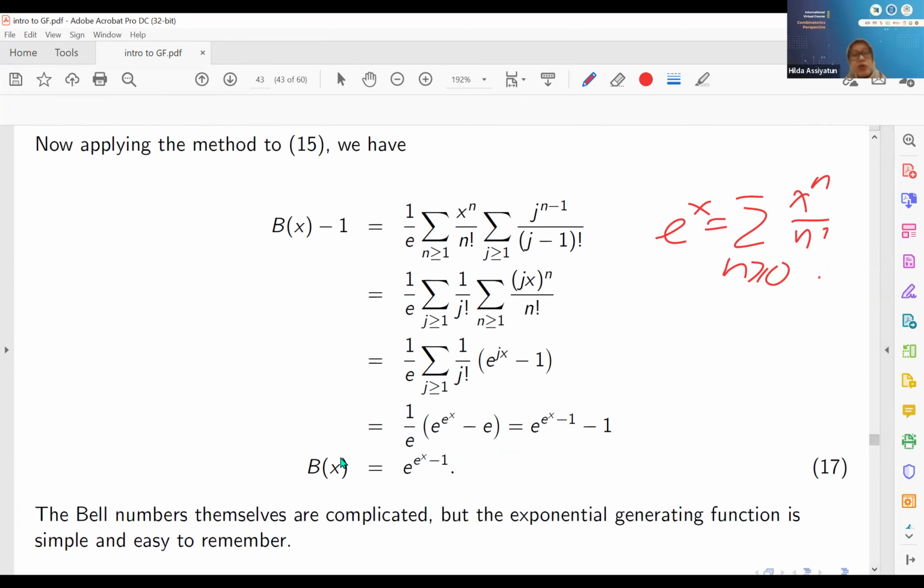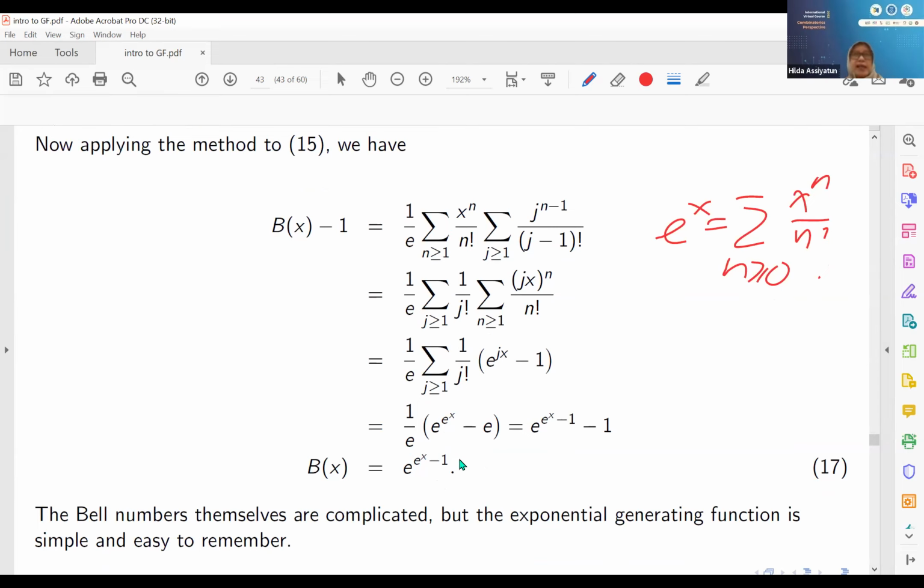So Bell numbers are complicated, a complicated sum, but the exponential generating function is simple. Actually, it's quite beautiful, right?